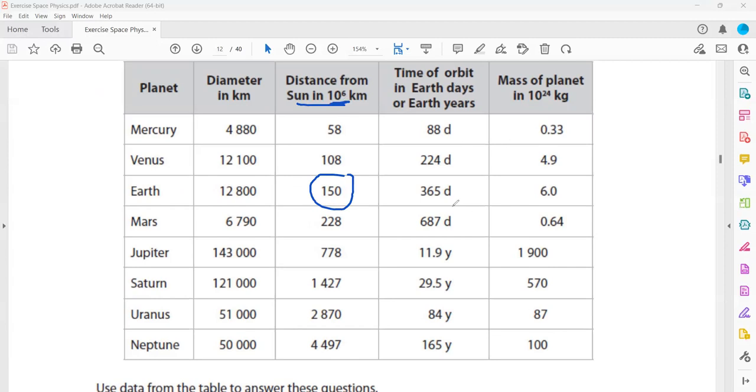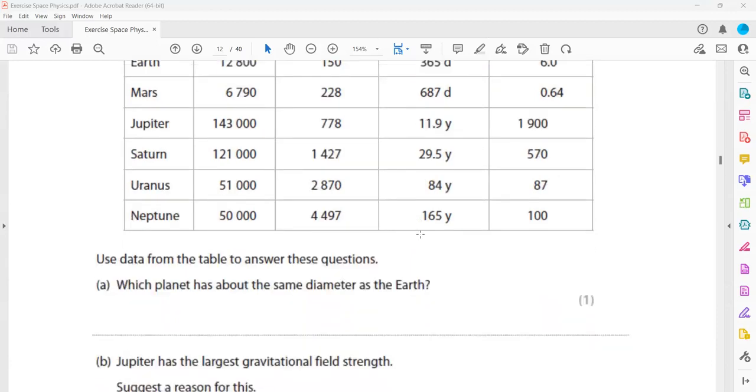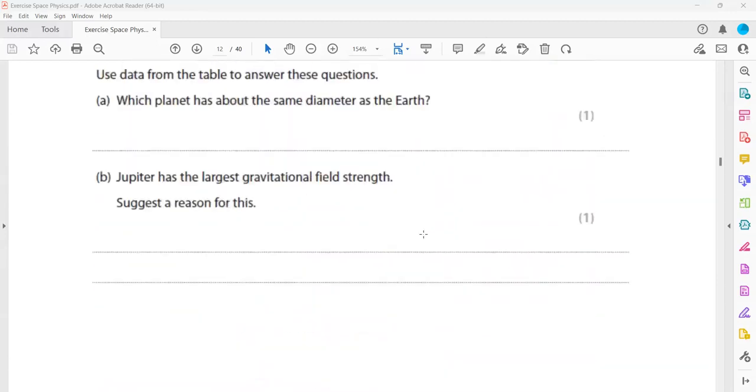And the time for orbit in Earth days is 365 days. So we'll convert days into hours, then into minutes, and then into seconds.